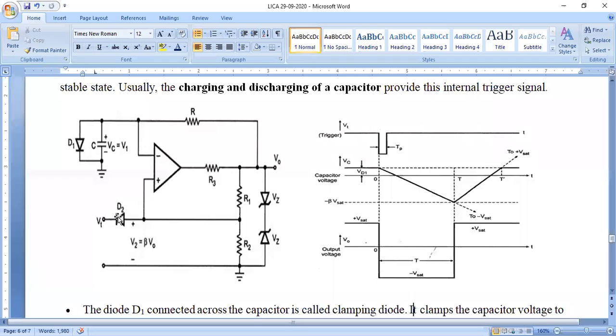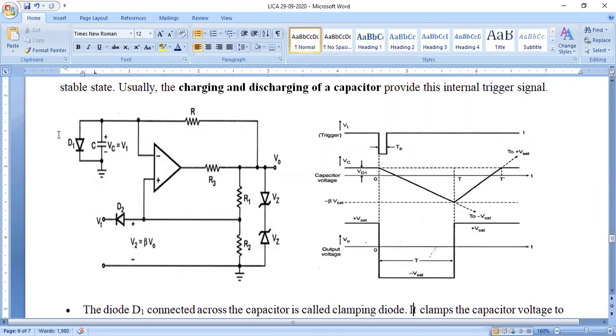This triggering mechanism will generate a triggering signal with the help of charging and discharging of the capacitor. The diodes D1, D2, Zener diodes ZD1 and ZD2, this complete diode structure will act like a triggering mechanism.